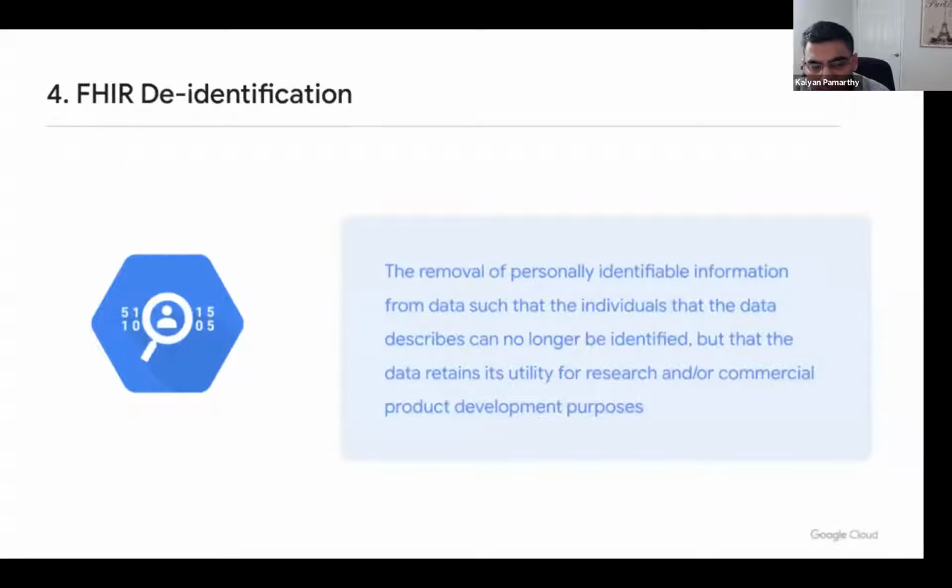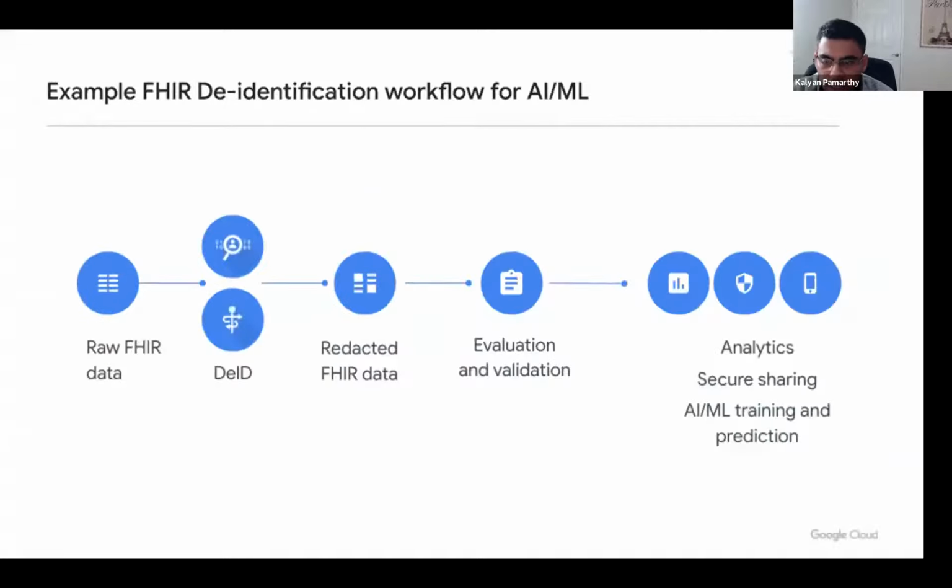Okay, and then the next spotlight feature is our FHIR de-identification. As many of you know, de-identification is the process of removing PII from data, but also trying to retain the value in that data so that it can be used for analytics and machine learning purposes, right? And typically, we find a lot of secondary data use cases where data in either FHIR or DICOM is driving real-time clinical applications, but also needs to be de-identified with some very specific configurations, right?